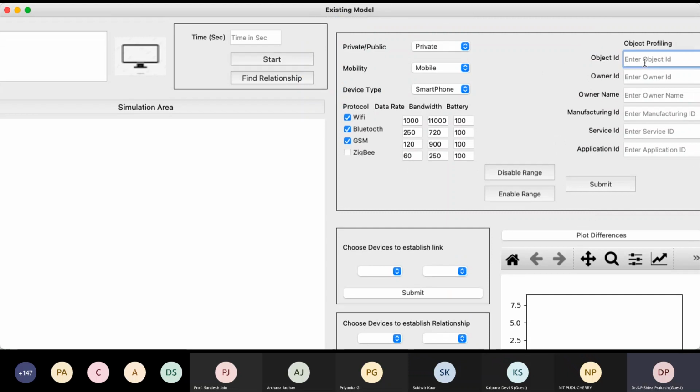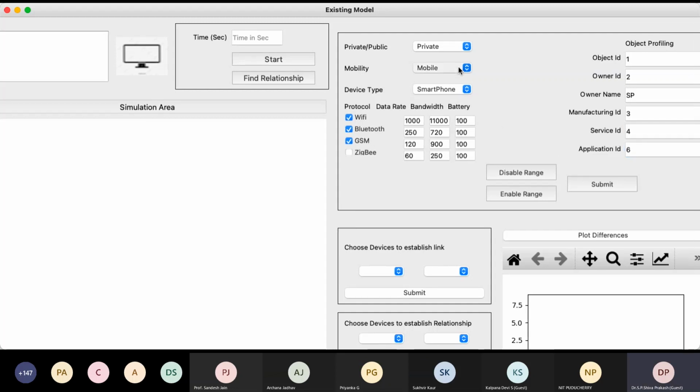I have to specify the object ID, the owner ID, the owner name, and the manufacturer ID. Let's say service ID 4, application ID 3, or some 6. And we have to choose private or public.